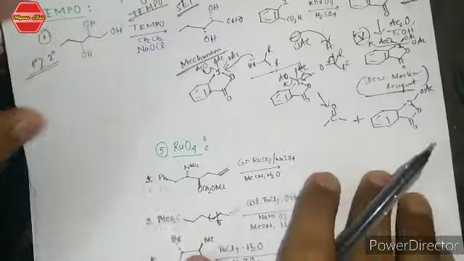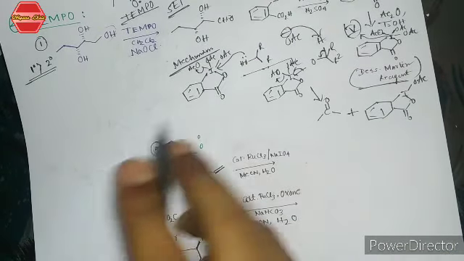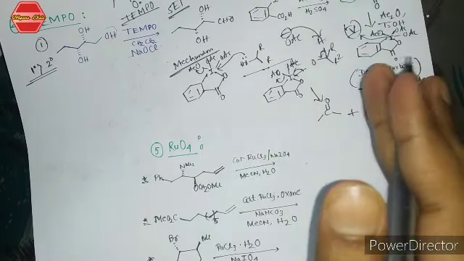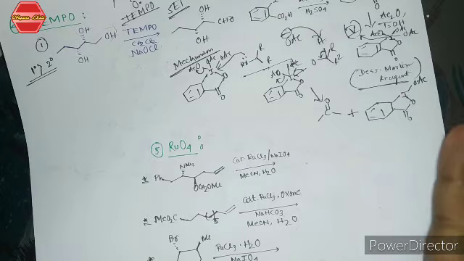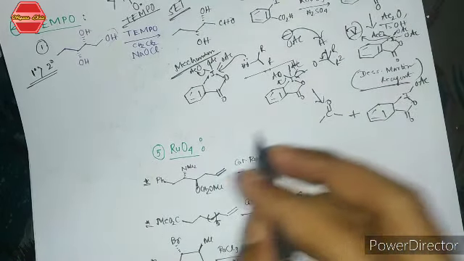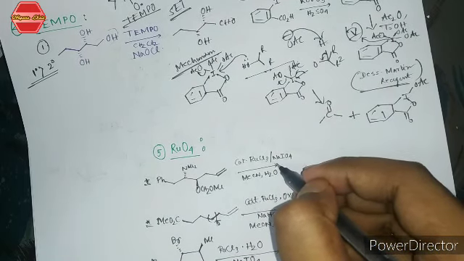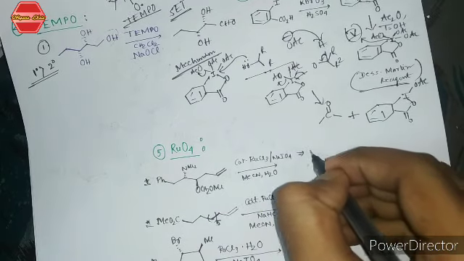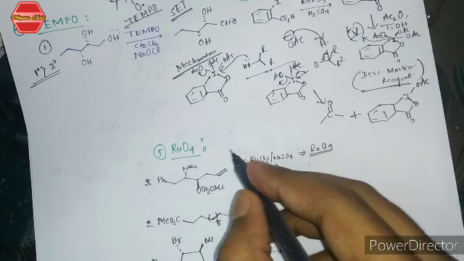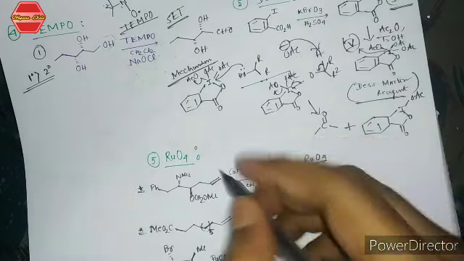Now the last and important thing is ruthenium tetroxide, RuO4. This RuO4 has an important role, and shows different selectivity with different types of co-oxidant. So what type of co-oxidant is that? If we use RuCl3 in presence of NaIO4, it generates ruthenium tetroxide in situ and oxidizes the double bond.